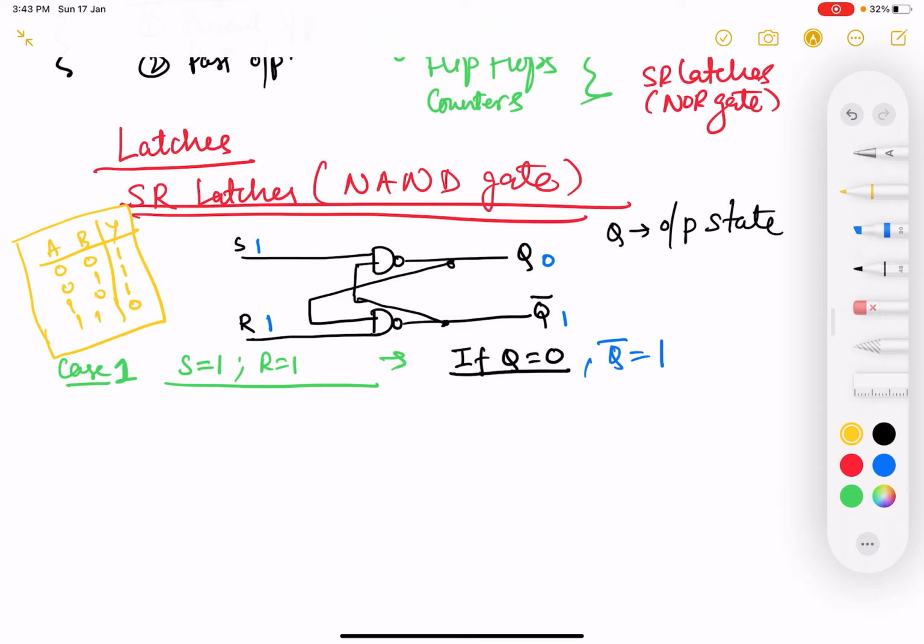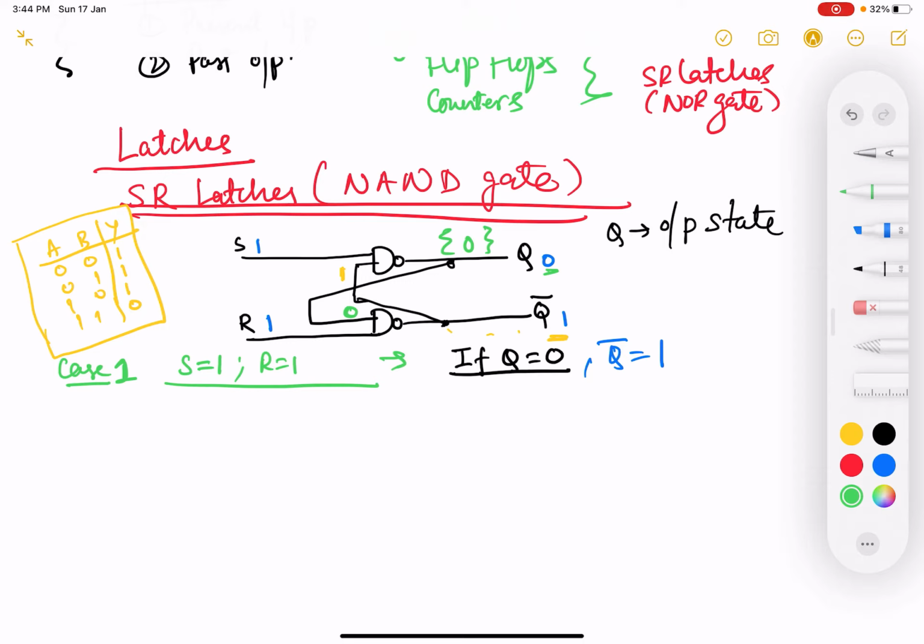So we are giving the input S equal to 1, R equal to 1. This 1 at Q is fed back to the upper NAND gate, and this 0 at Q bar is fed back to the lower NAND gate. The upper NAND gate is receiving 1 and 1. When both inputs to the NAND gate are 1, the output comes out to be 0.